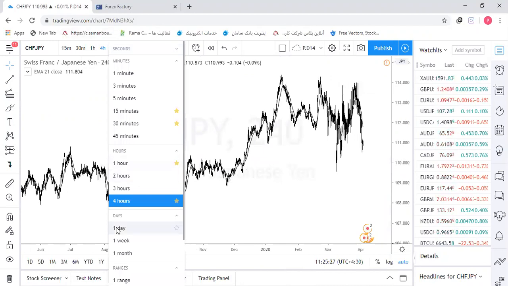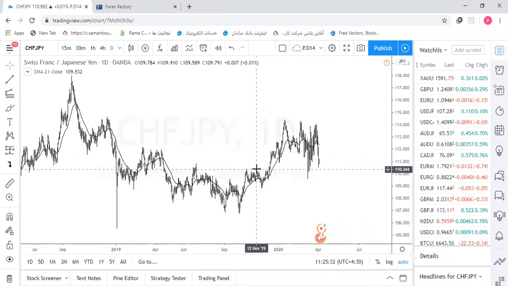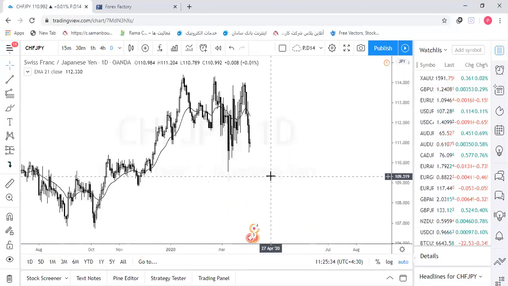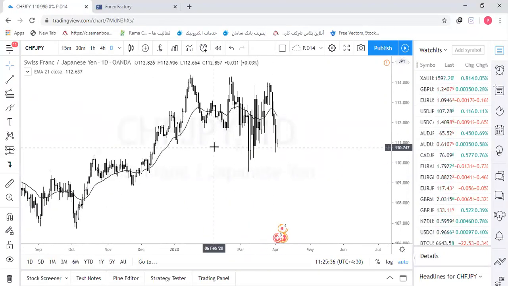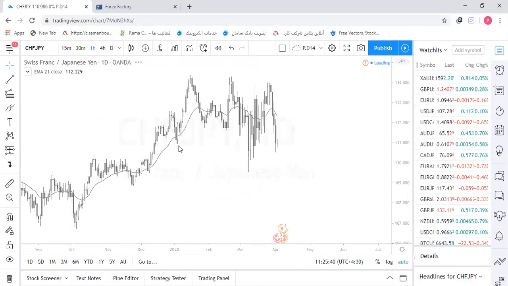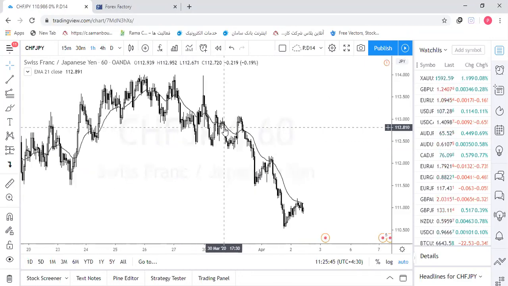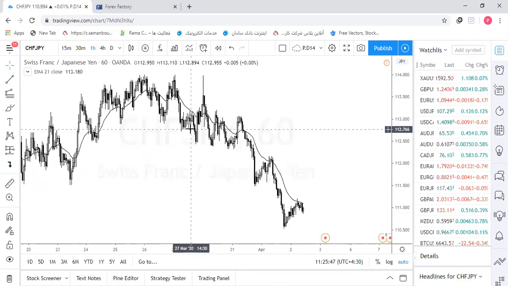Let me check daily. Mickey, this is a shitty pair, okay? But it is on the last low. I'm not comfortable with it. Price is making lower highs and lower lows.